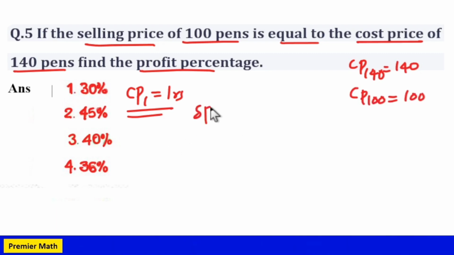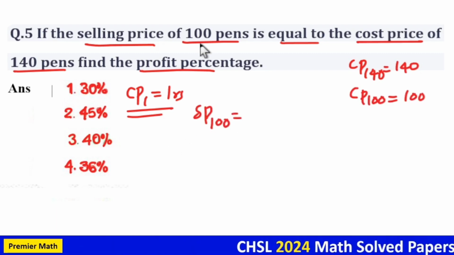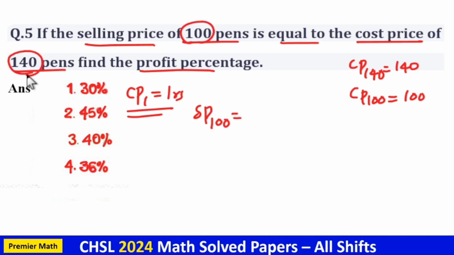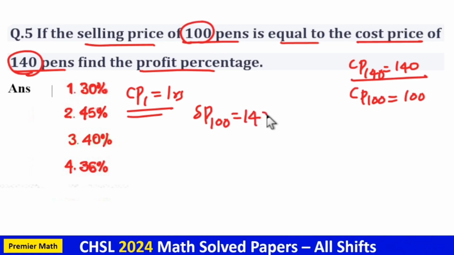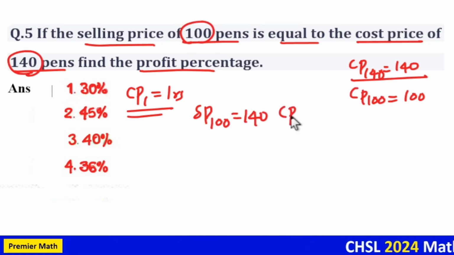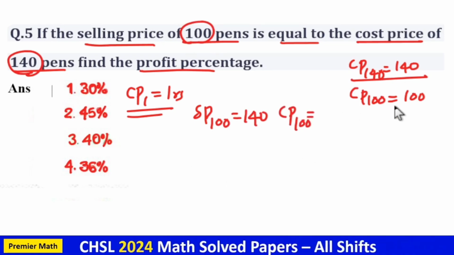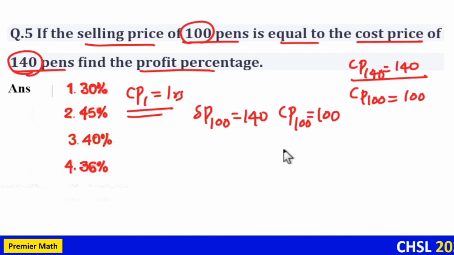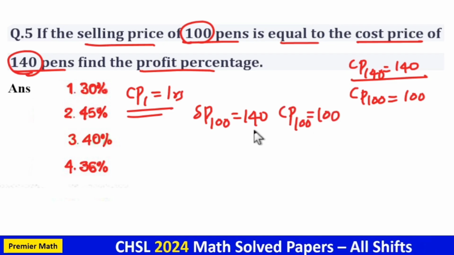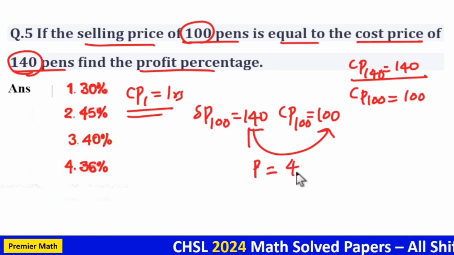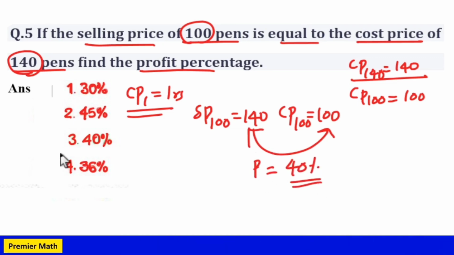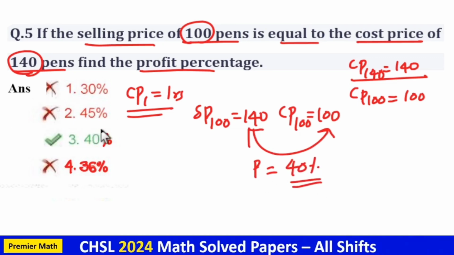Here selling price of 100 pens is equal to the cost price of 140 pens. Now you can see cost price is 100 and sell price is 140. So profit is equal to 40%. So option 3 is your answer.